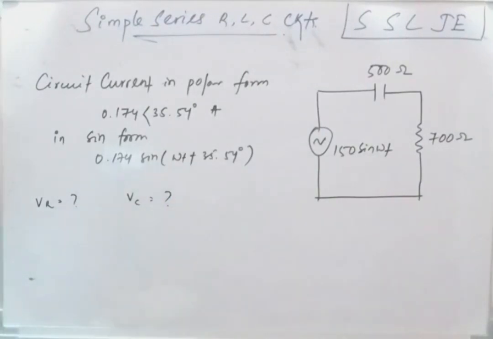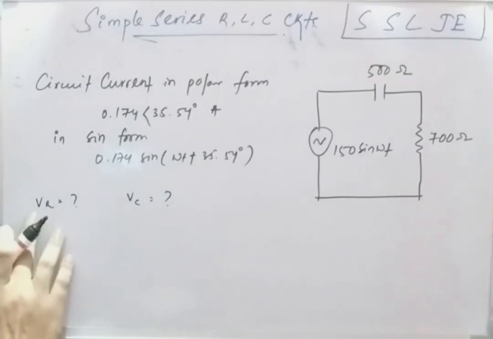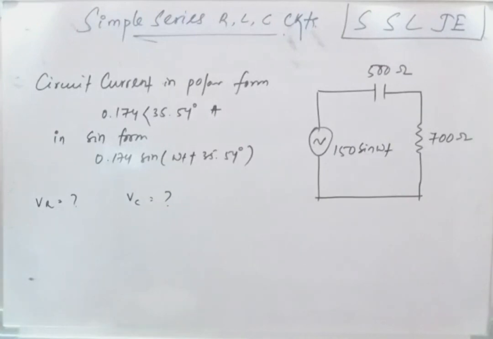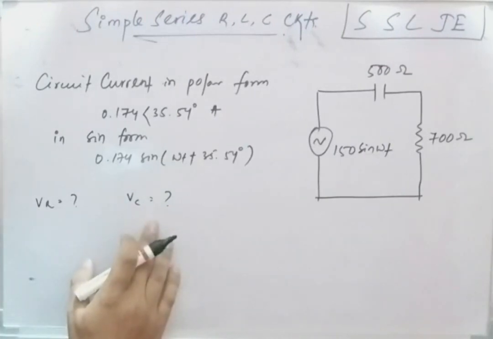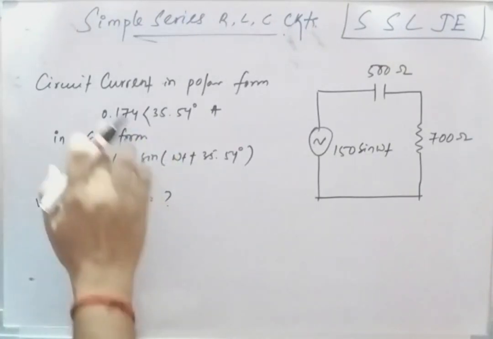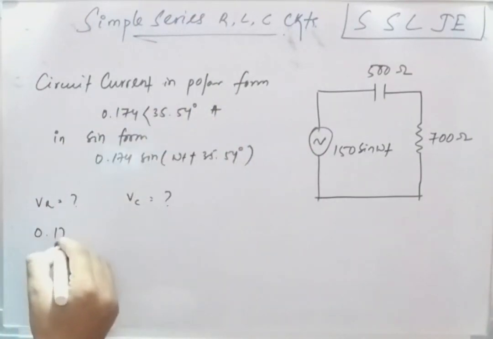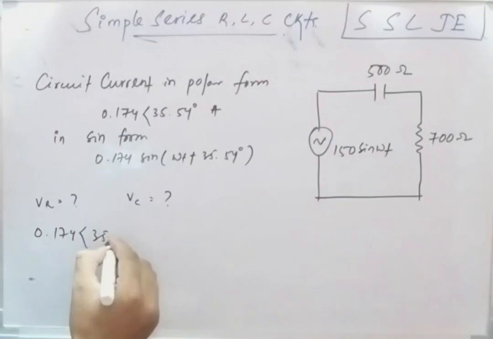Okay, and the homework was to determine VR and VC. Let us determine VR and VC. We have already found the current. So current in polar form is 0.174 phase 35.54 degree.